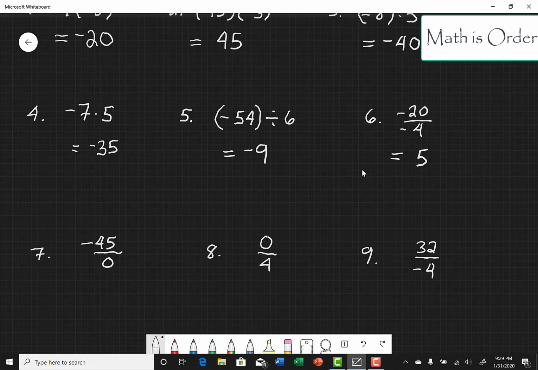All right, moving down to number 7. This time we see 0 in the denominator. We immediately have a red flag that a 0 can never be in the denominator. So this right here leads to an undefined operation.